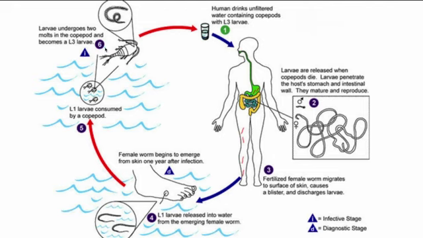That's why the L3 larvae is considered as the infective stage of the parasite, whereas the female worm that is emerging from the skin after 1 year of the infection is considered as the diagnostic stage of the parasite, which we can also demonstrate the L1 larvae together with the female worm. So it means it is also possible for the L1 larvae to become a diagnostic stage, but it's really the female Dracunculus medinensis that's the diagnostic stage of the parasite.